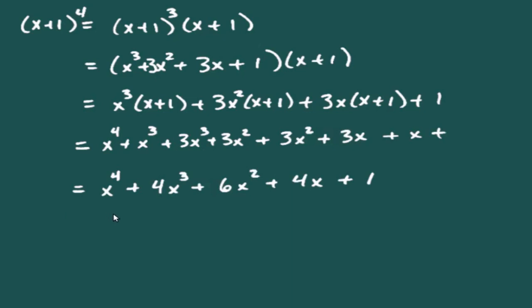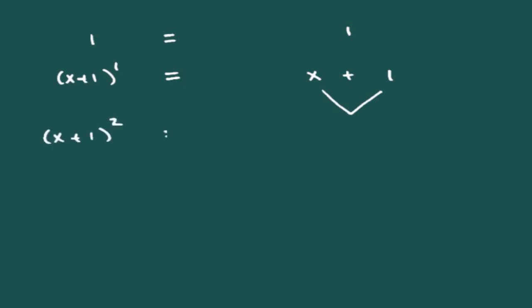Now is where we start making the connection with Pascal's triangle, that maybe some of those numbers that were popping up as coefficients were ones that you recognize when you write out several rows of Pascal's triangle. So if we just have 1, well, that's all we have is 1 at the top. Our x plus 1 gave us x plus 1.